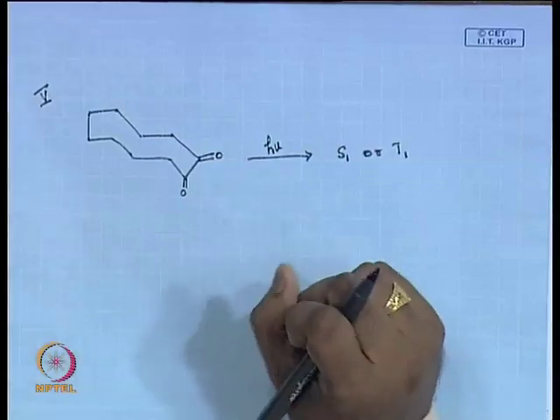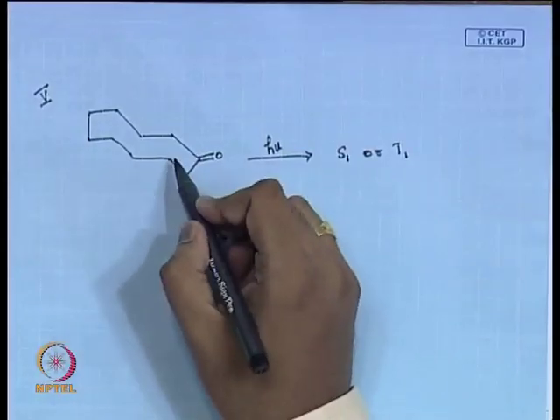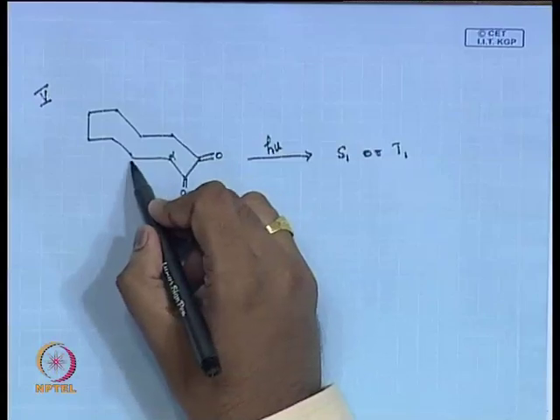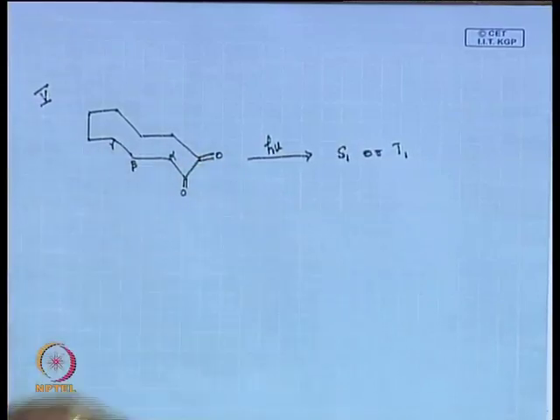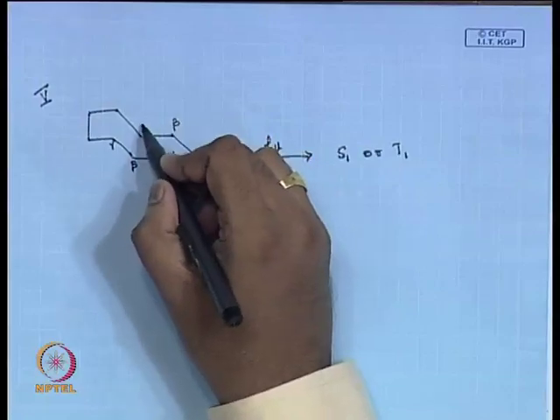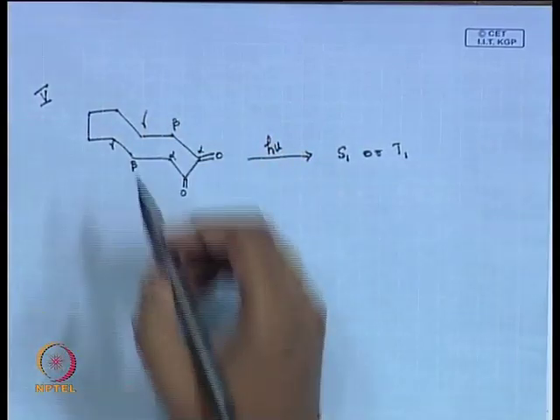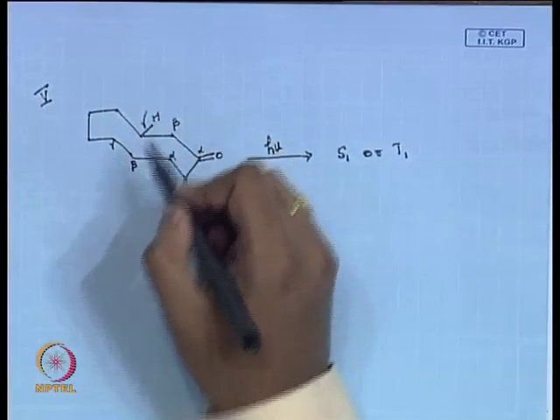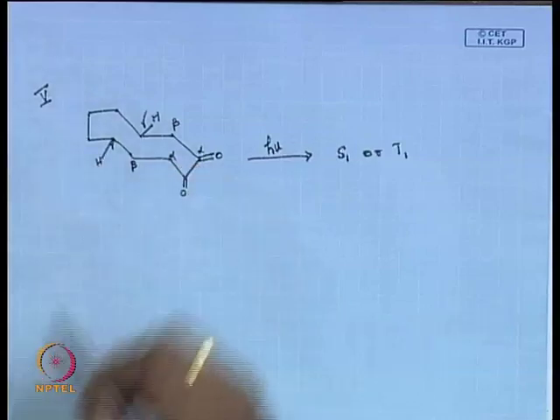Which hydrogen will it try to abstract? Now, I have given it two options: alpha, beta, gamma, right, or I can write alpha, beta, gamma. So, it has a hydrogen here to abstract, it has a hydrogen here to abstract.